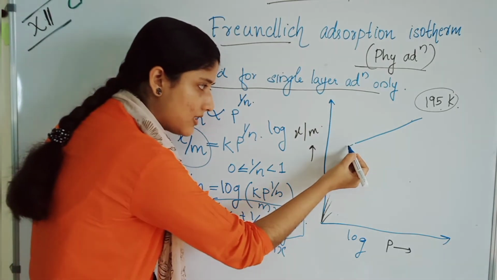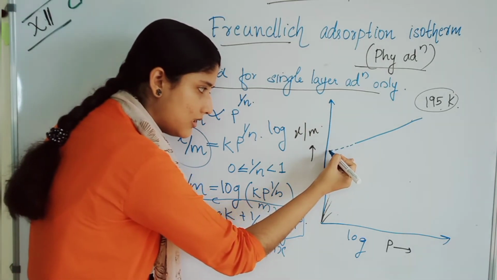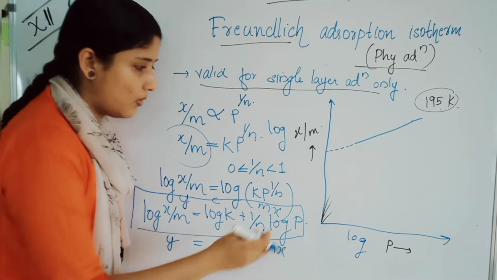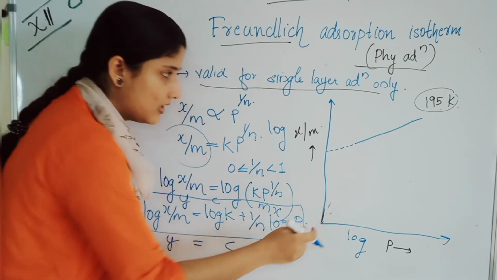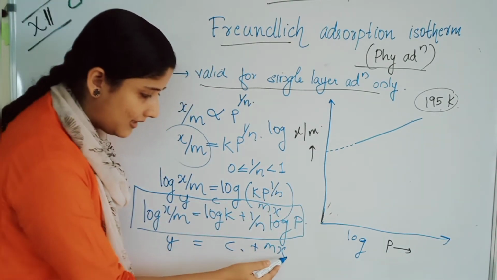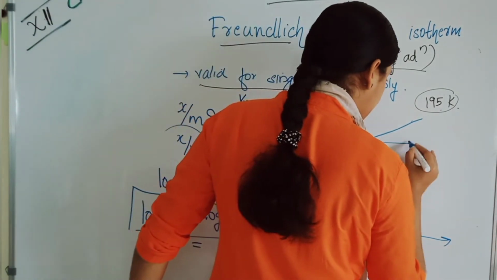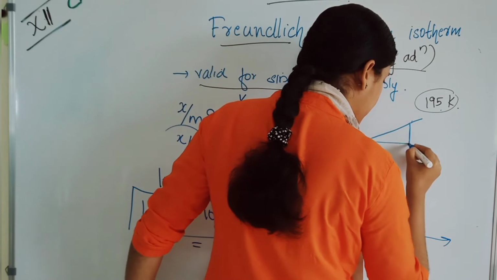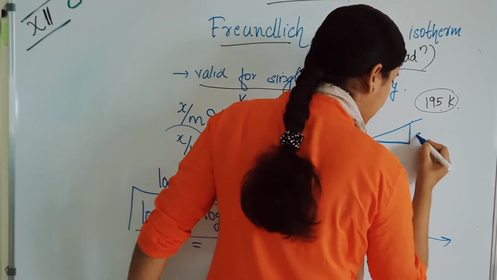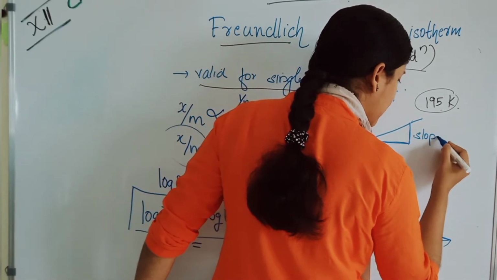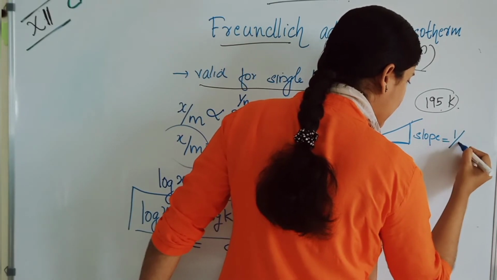And if we extrapolate it to the y-axis, what will we get? The slope will be what? mx, right? 1 by n will be the slope. Slope is equal to 1 by n.